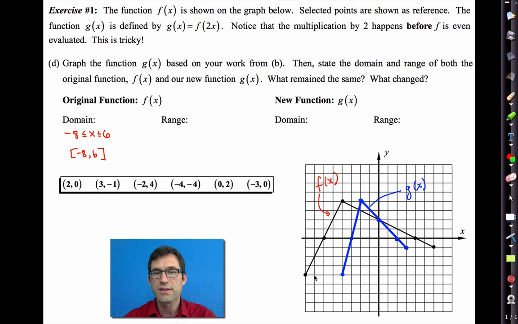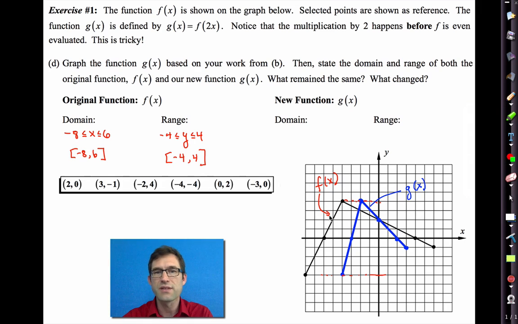Its range, its smallest y value is -4, and its largest y value is +4. Interval notation, -4 to 4. Right? Now let's go into blue and let's do our new function.